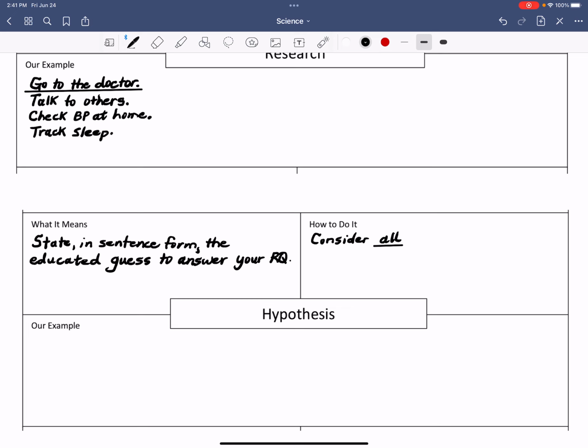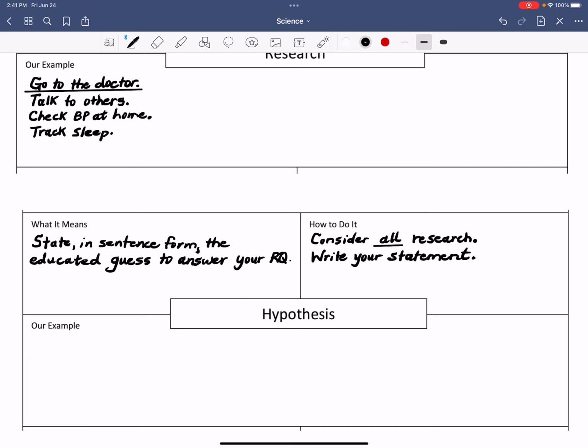You consider everything that you've learned. And then you write your statement. You literally make a sentence that says what you believe to be true. Okay.